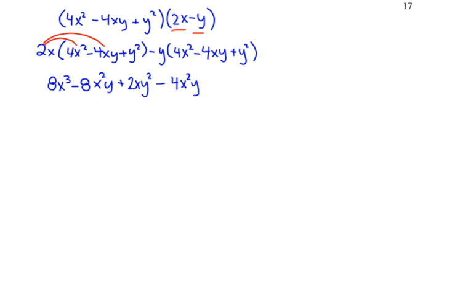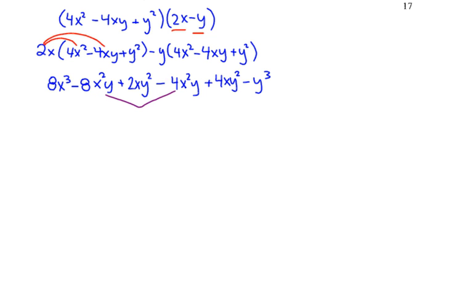What would it look like when I multiply negative y times negative 4xy? Positive 4xy squared. Yeah, there's two y's now. And then negative y times positive y squared, negative y cubed. Really ugly, I would say. Spotting your like terms, you have to look very carefully.